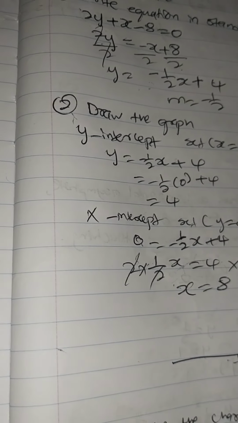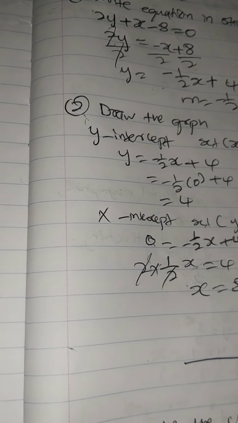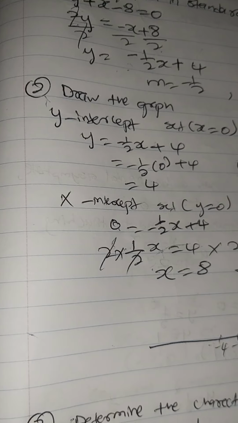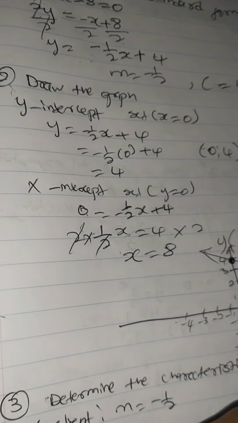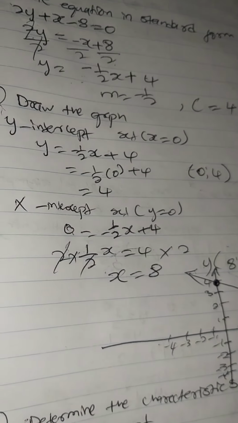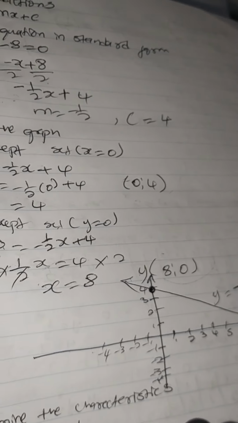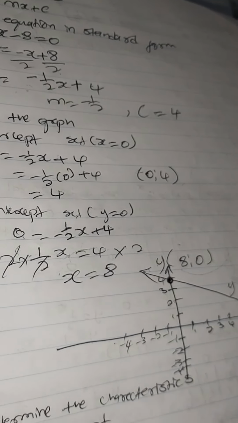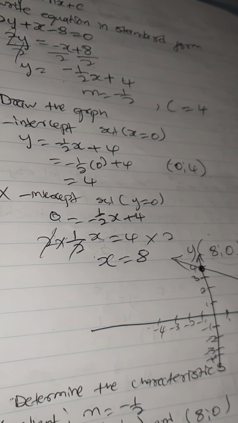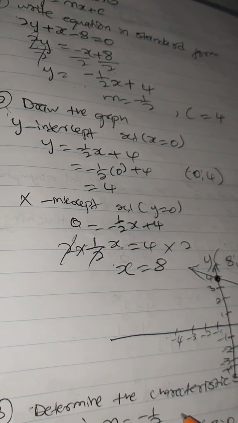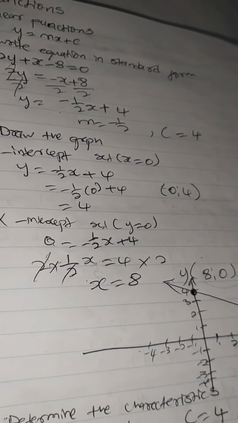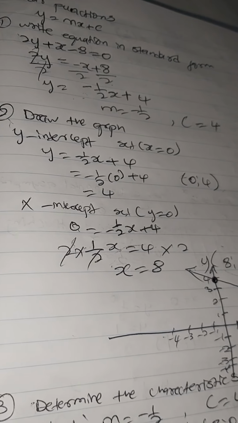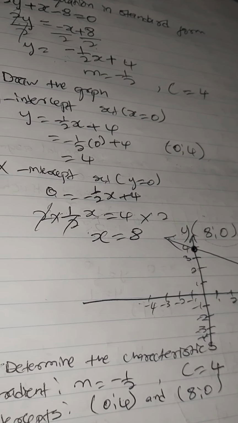Then the intercepts are what we calculated, (0, 4) and (8, 0). And c is 4. So those are the characteristics of a linear graph.